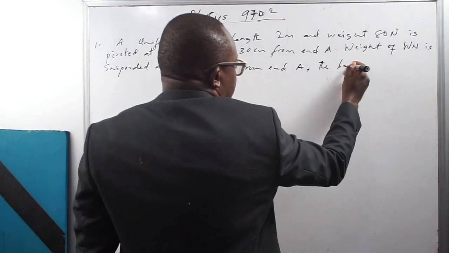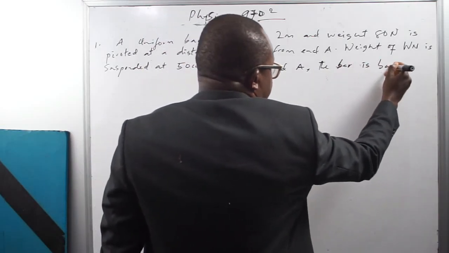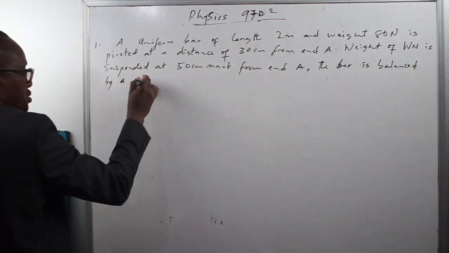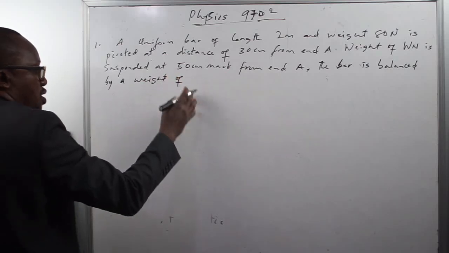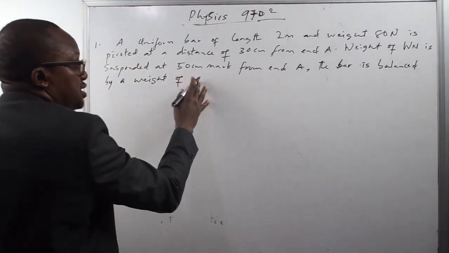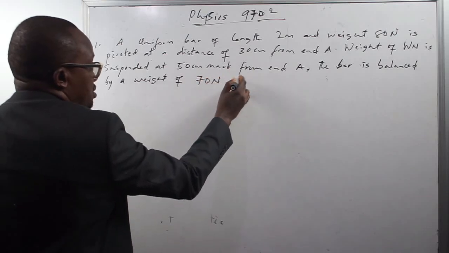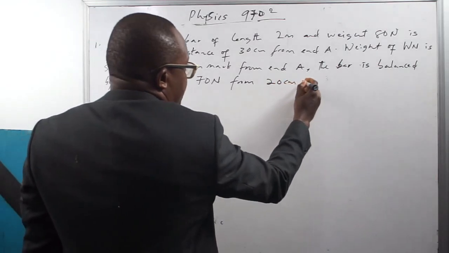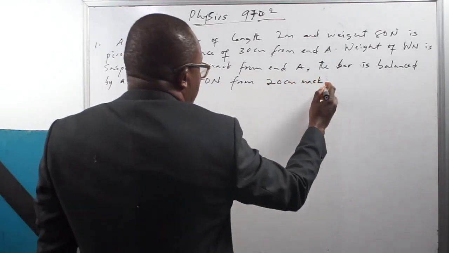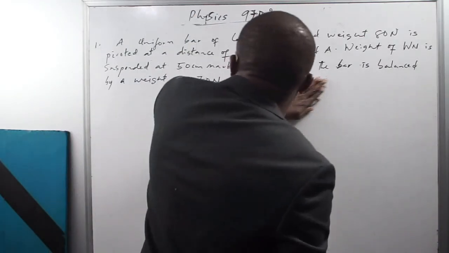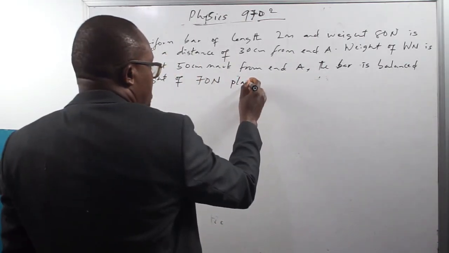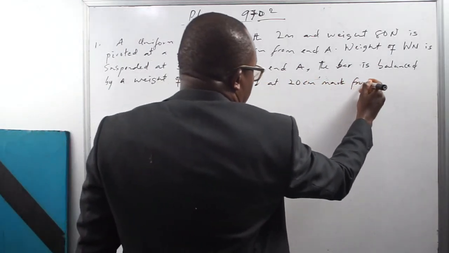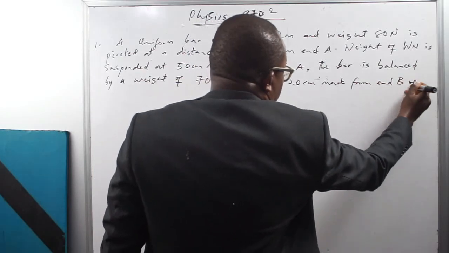The bar is balanced by a weight of 70 newtons placed at 20 cm mark from NB of the bar.